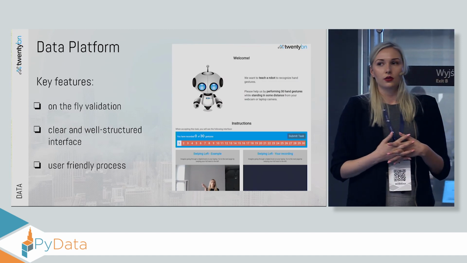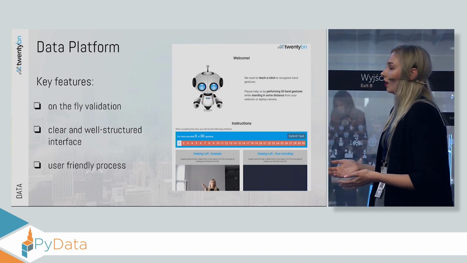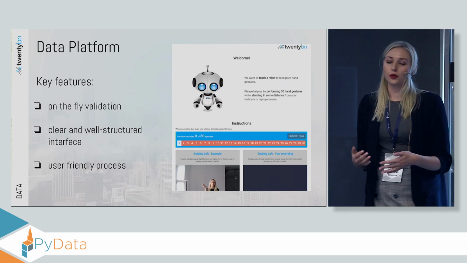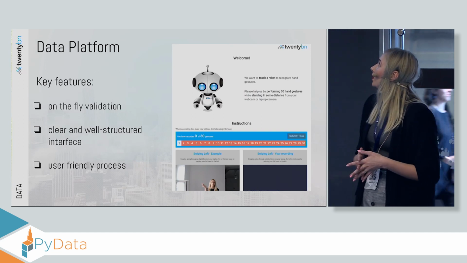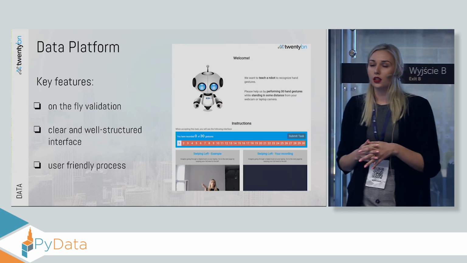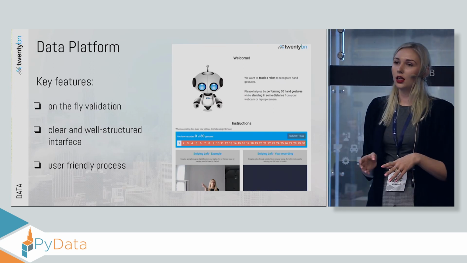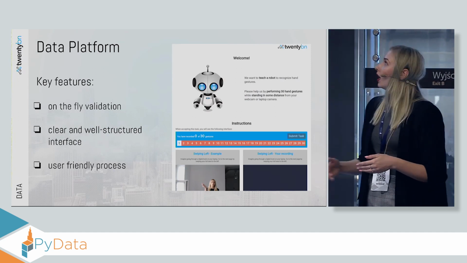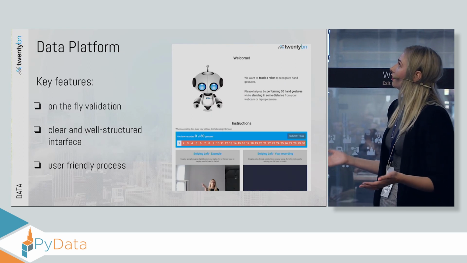And also, this human factor is essential when we think that we rely on a community of workers to work with us in the long run. And so keeping that in mind, we've implemented a very clear and user-friendly interface where the user is guided through the entire process. He gets very specific instructions. He is shown an example video that he has to imitate, and he clicks through all the gestures that we ask.